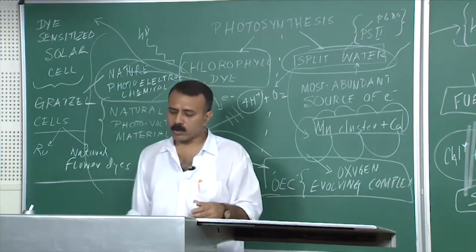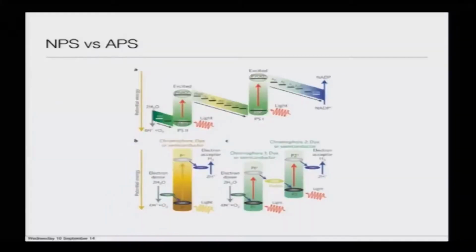Okay. And on the other hand, this oxygen is a byproduct of this whole process when this light reaction is taking place. Whereas, you can do the same thing by mimicking, or reducing the efficiency of the system, by having two different dyes, chromophore 1 and chromophore 2, and exactly follow the mechanism of the Z scheme which is being followed by the natural photosystem.